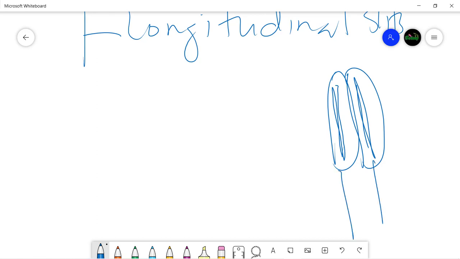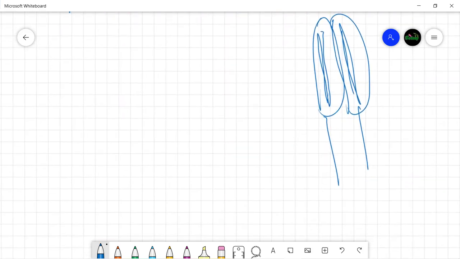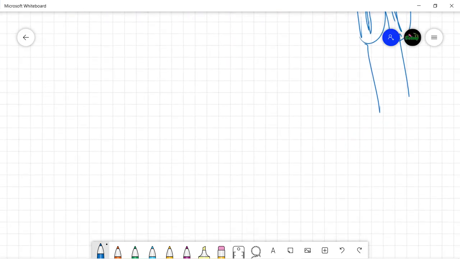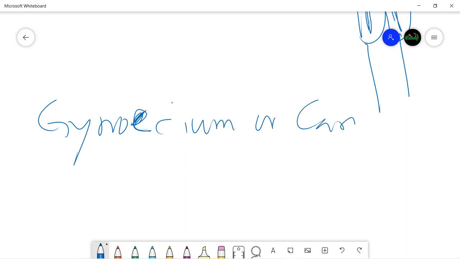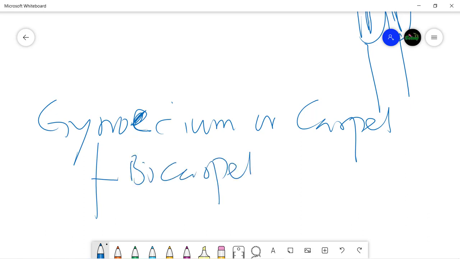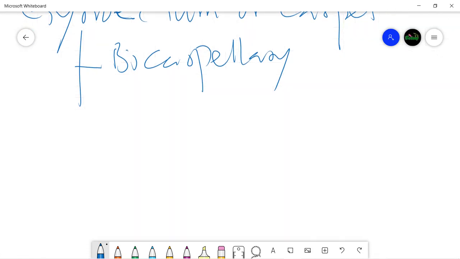Next is Gynoecium or carpels. So Gynoecium is bicarpellary, 2 carpels, and syncarpous. Both the carpels are united.